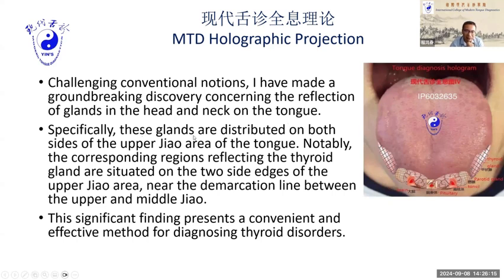Specifically, those glands are distributed on both sides of the upper jaw area of the tongue. Notably, the corresponding regions reflecting the thyroid gland are situated on the two-side edge of the upper jaw area, near the demarcation line between the upper and middle jaw.